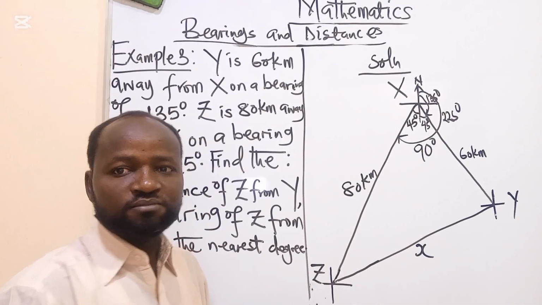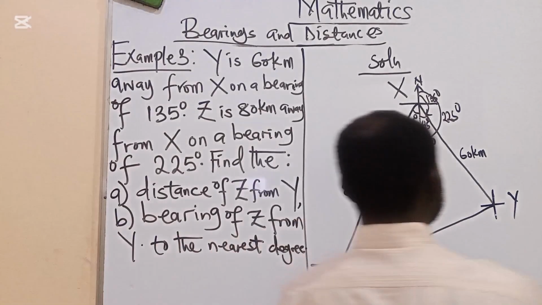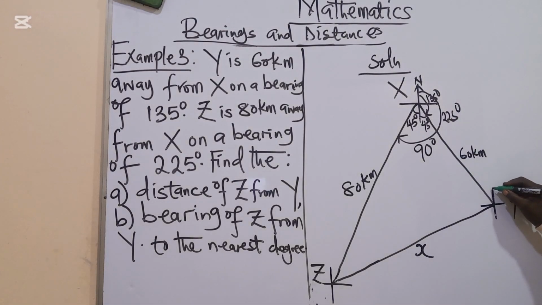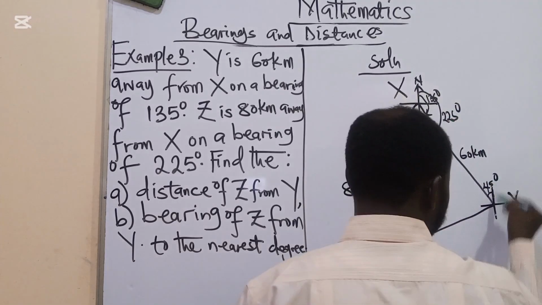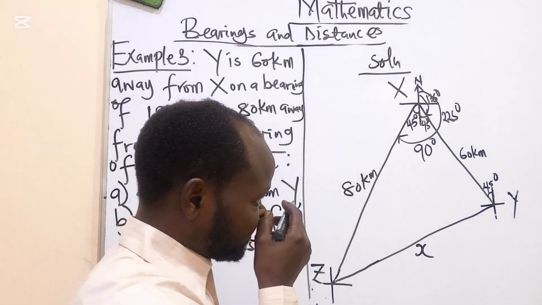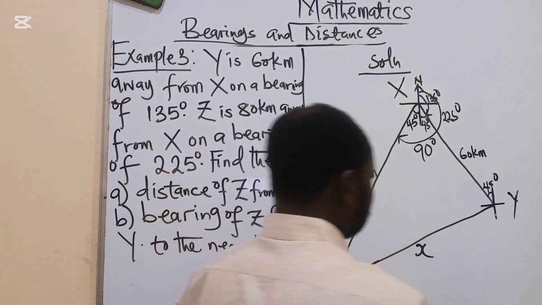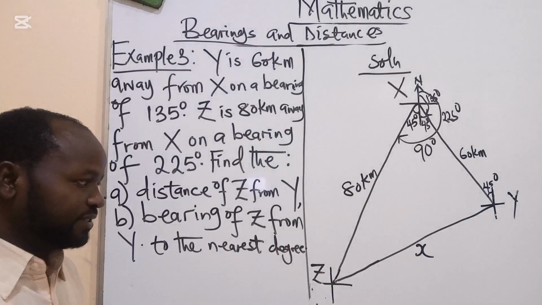It will still give us the same result. Very important. But before I continue, you realize that this angle here will be 45 too, Z shape. Alternate angles are equal. So here will be 45 degrees as well. Because if here is 45, this angle here too will be 45 degrees. Very important. Okay, but let's look at how we can find the distance now.